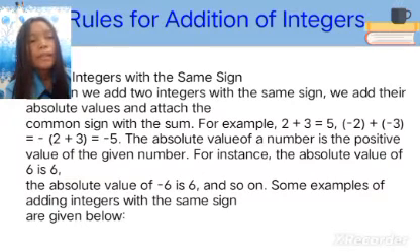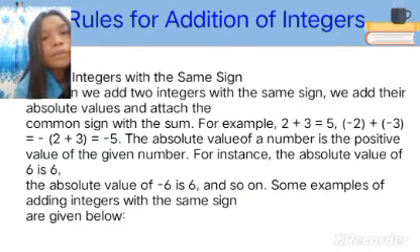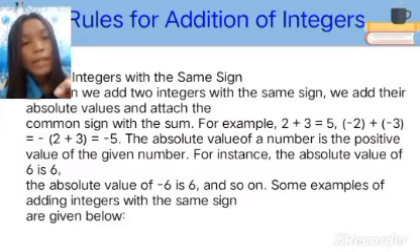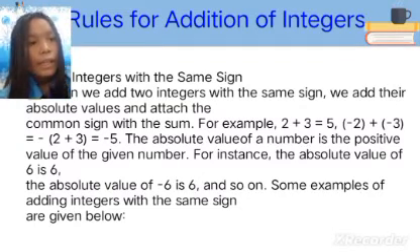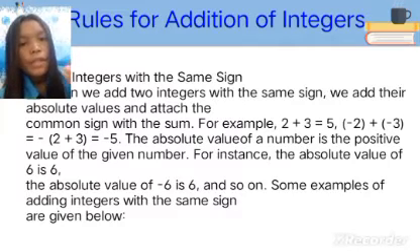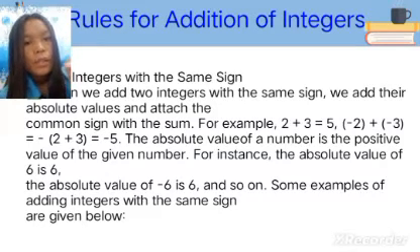Next, negative 2 plus negative 3, as in the table below. Both signs are negative, so we can perform on this. Negative, then 2 plus 3 is equal to negative 5.